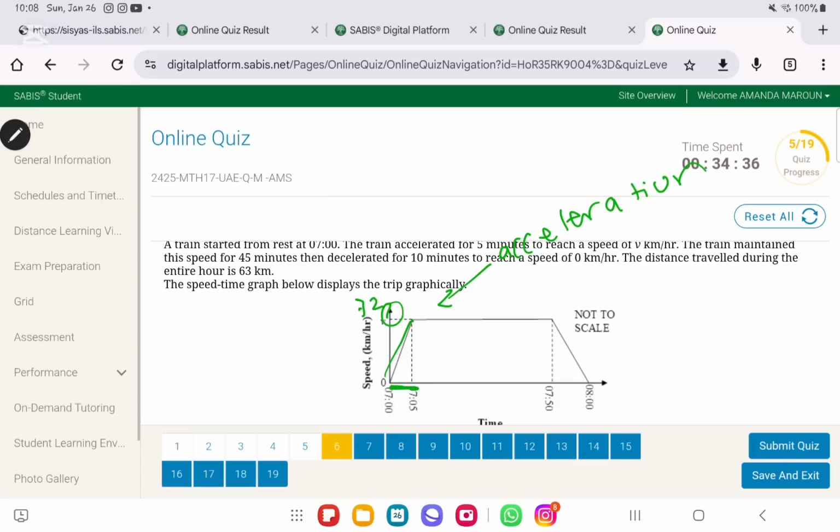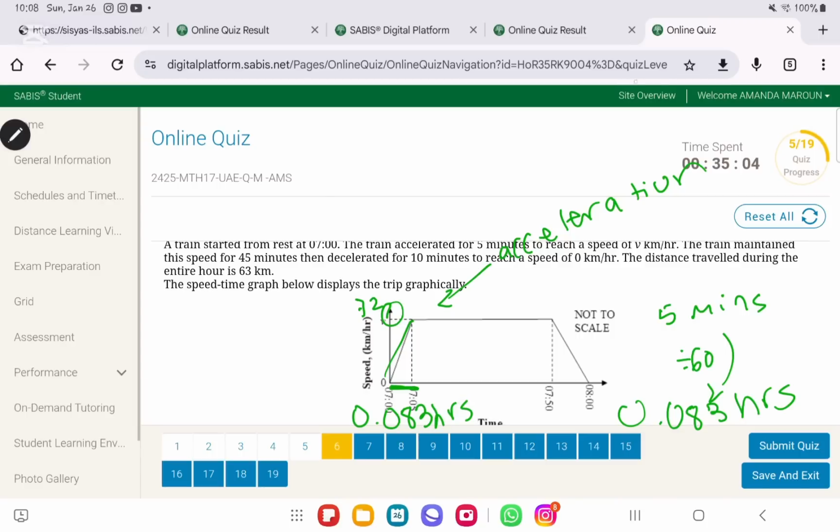It is 5 minutes, but we cannot deal with 5 minutes. Actually, we need to change it into hours. So 5 minutes into hours, you divide it by 60. So 5 divided by 60, you get approximately 0.083 hours. Okay, so this is 0.083 hours.